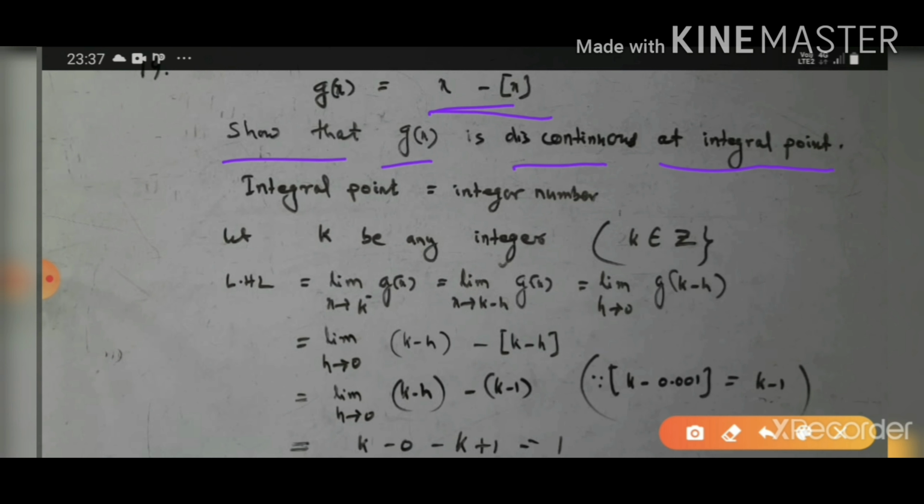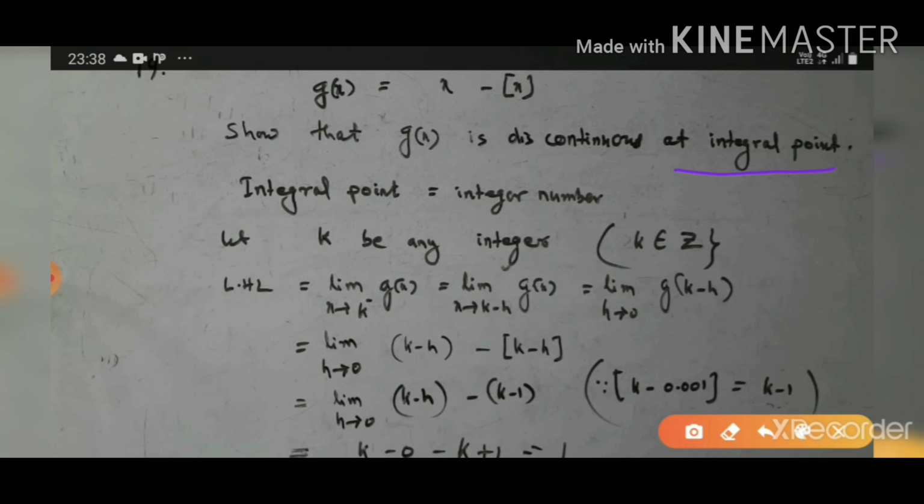Integral points means the integers, all the integral values: all the negative integers, 0, and all positive integers, that is minus 4, minus 3, minus 2, minus 1, 0, 1, 2, 3, 4, 5. So we have to check the discontinuity of g(x) at all integer points.